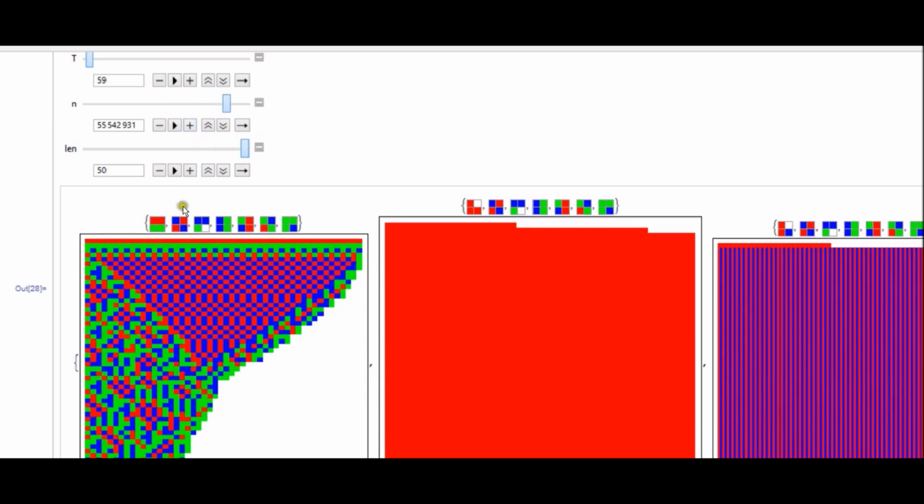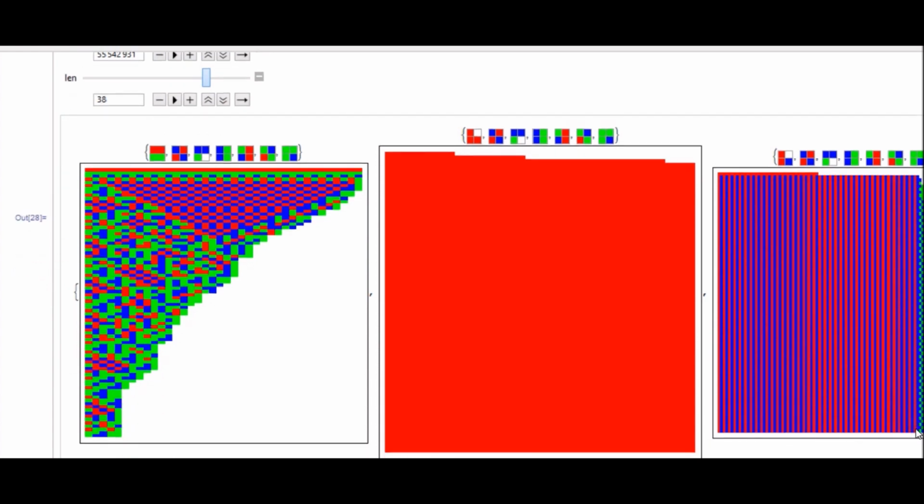Right. Okay, so what we're doing here, we're starting off with, well, let's say 38 reds, and the system seems to be running down to an eventual fixed point. I'm talking about this system on the left. So it seems to run down to a final fixed point, but have a fair amount of complexity on the way.